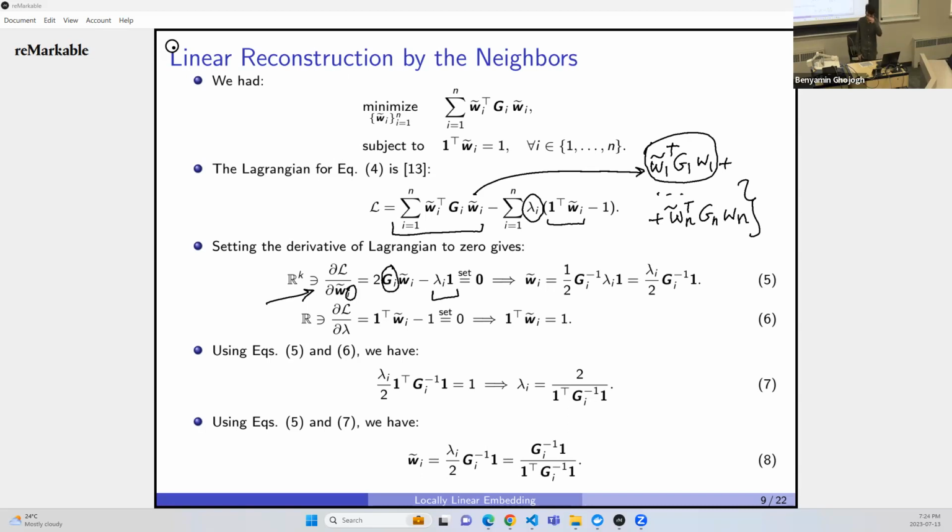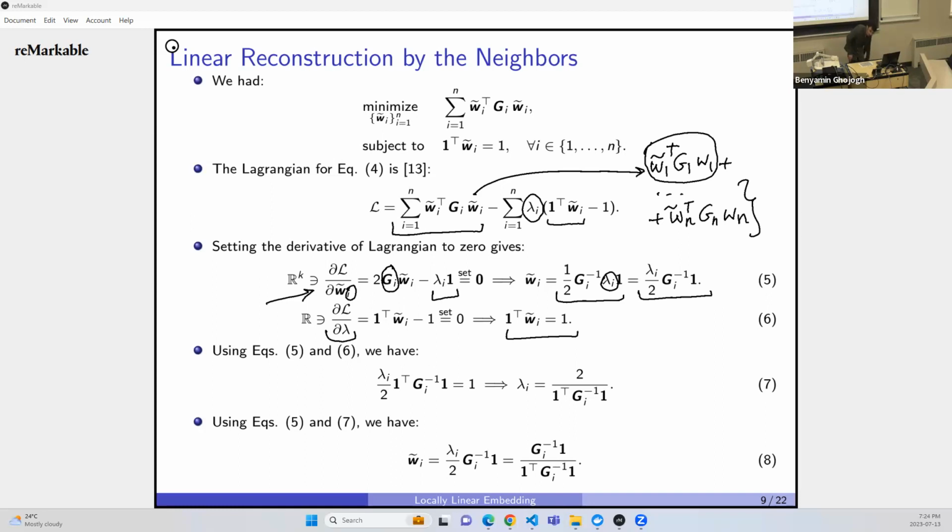Left multiply both sides by gi inverse, then you will get this, which I rearrange to be this. Lambda i is a scalar, so I can move it back and forth in the multiplication. If you take derivative with respect to the Lagrange multiplier, what do you get? You always get back the constraint, and this is the constraint that we had.